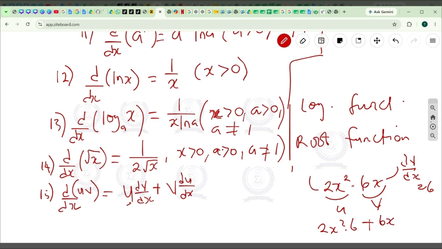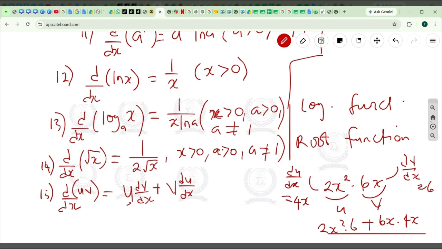If I differentiate, what I have is 4x. So this is going to be multiplied by 4x, and then I simplify this and get my final answer. So whenever you want to differentiate products of two functions, you use this formula.